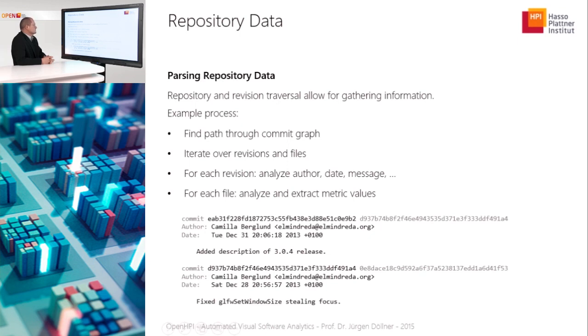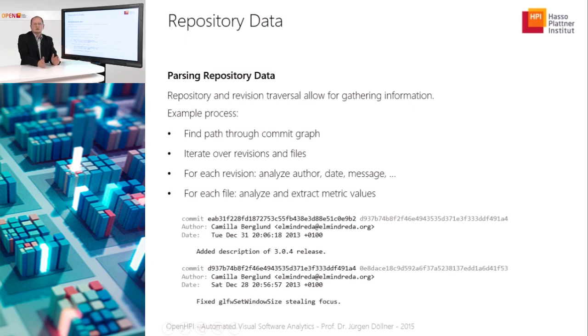Typically repository and revision traversal allow us to gather information, for example, find a path through a commit graph, iterate over revisions and files, or for each revision we can analyze the author, the date, the message, the subject, and for each file we can also analyze and extract metric values in considering the different versions of a given implementation file.